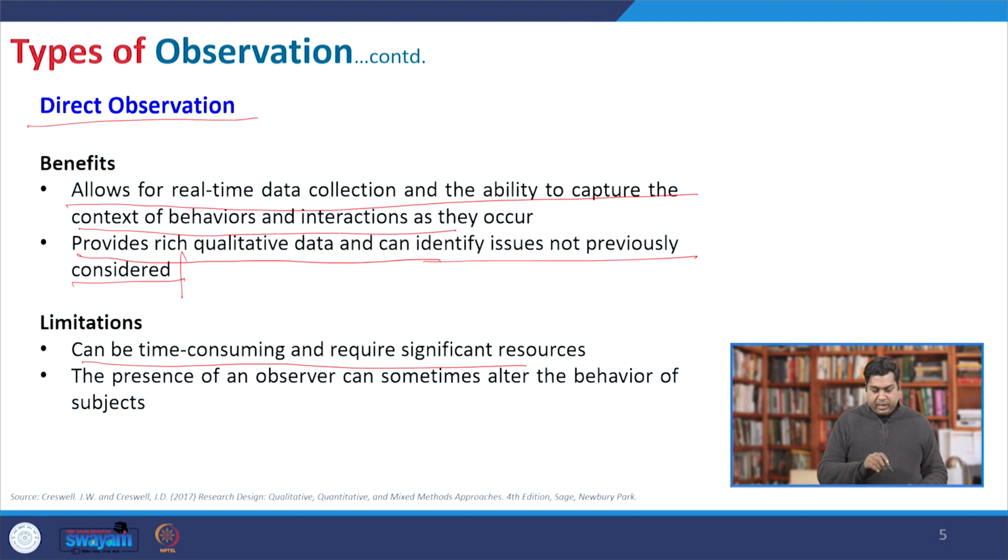And direct observation, definitely, is time consuming and requires significant resources, in terms of manpower and probably other devices as well. The presence of an observer can sometimes alter the behavior of the subject. You must have noticed this in many cases.